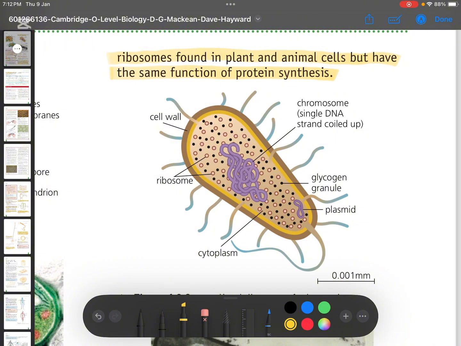As they have even stated here, ribosomes are found in plant and animal cell, but the function of these ribosomes is the same. They perform protein synthesis.